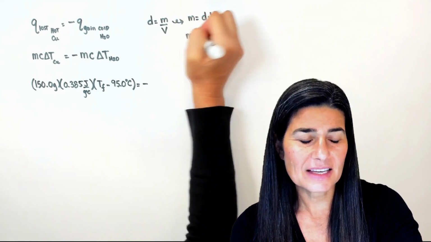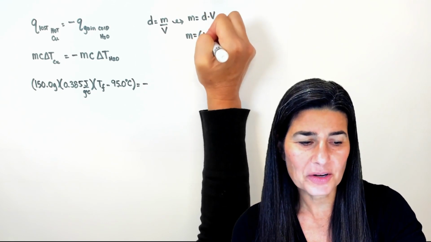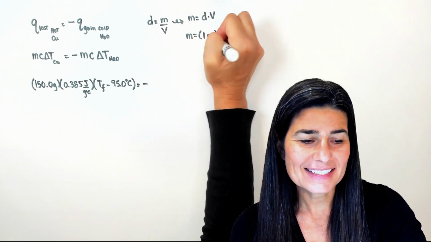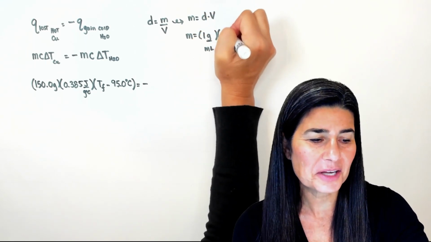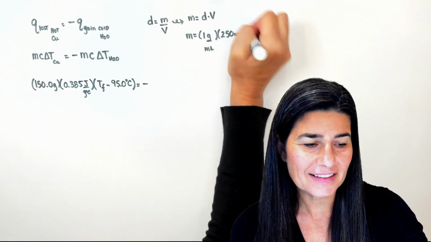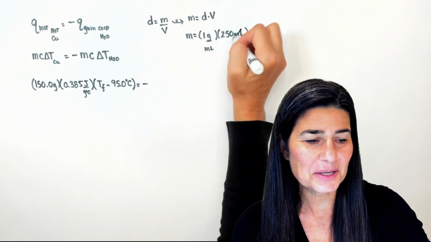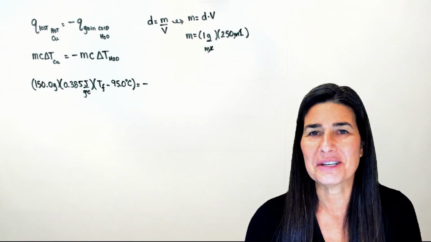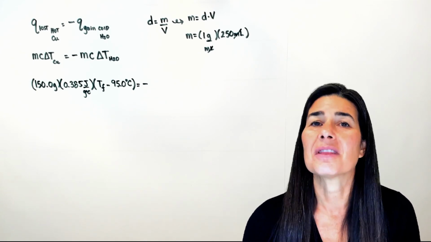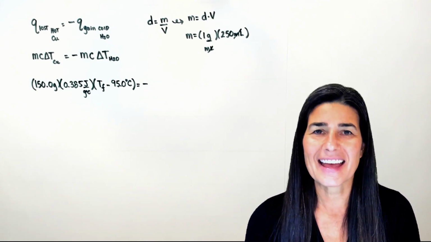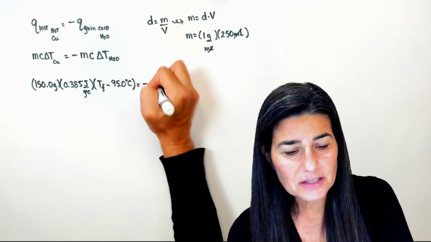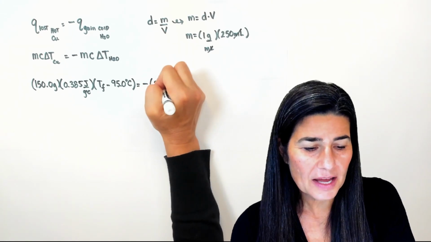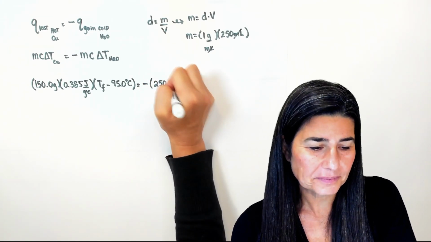The mass equals the density, 1 gram per mL, times your volume of 250 milliliters. Well, in this case, mLs go away. We've got our 250 grams. So the volume is the same as the mass here. Let's write in 250 grams.